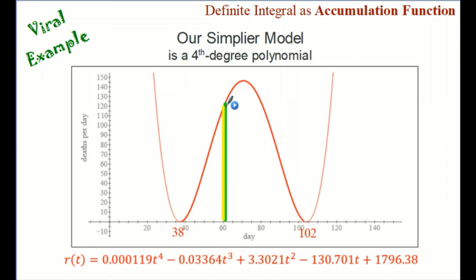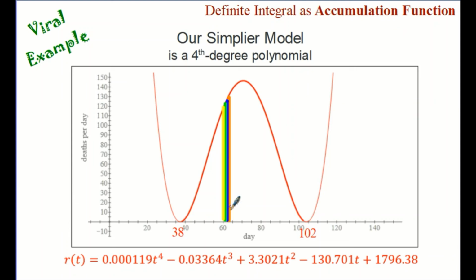And then the next day, from day 61 to day 62, there were, whatever that is, 123 deaths per day. So times 1 day gives you the total number of deaths. And then again, from day 62 to day 63, there were this many deaths, 125, 126, times 1. That blue area represents the number of deaths total, not the number of deaths per day.